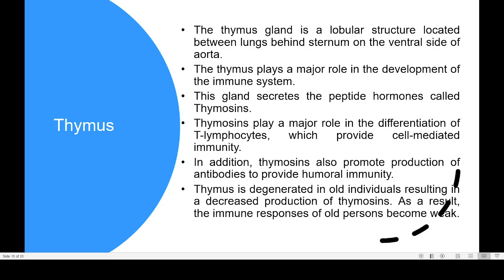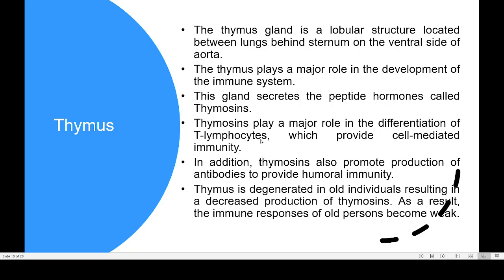Thymosin plays a major role in the differentiation of T lymphocytes. While we discuss the immune system, there are different types of lymphocytes. Primarily this is a hormone that controls the differentiation of lymphocytes.